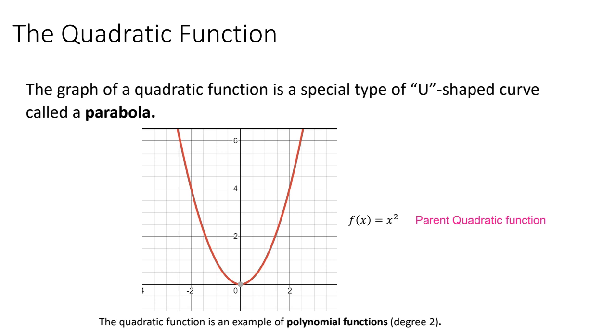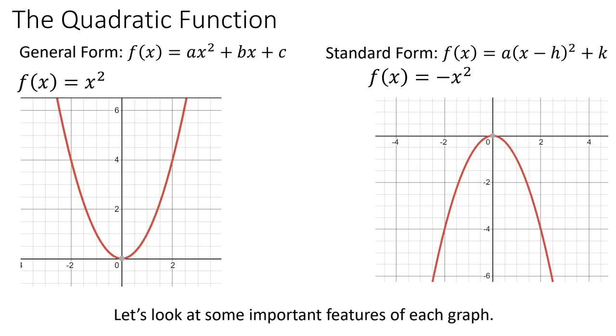This quadratic is an example of a polynomial function. Its degree is 2. To review, the degree of a polynomial is the highest exponent that a function has. So here, the quadratic in general form is ax squared plus bx plus c.